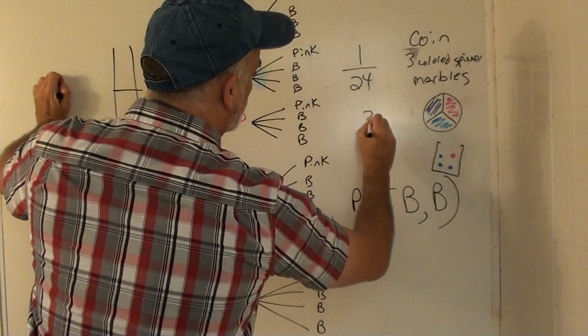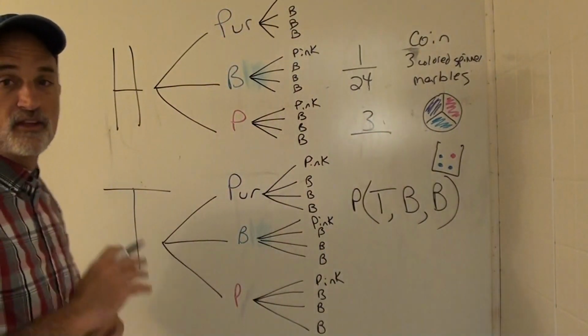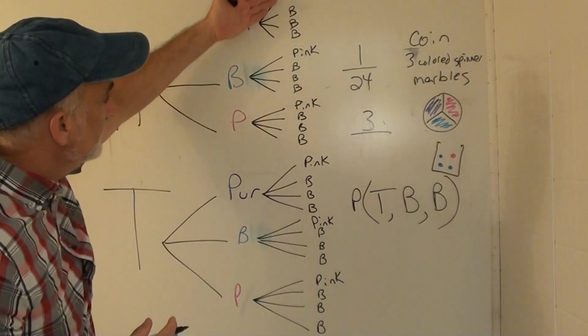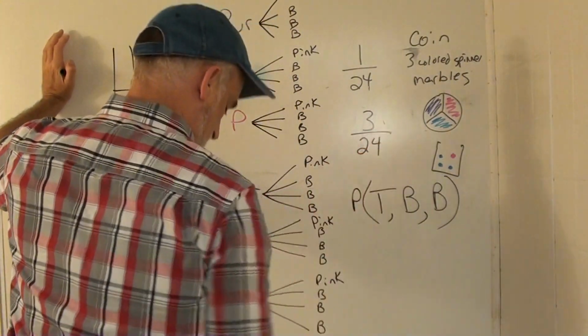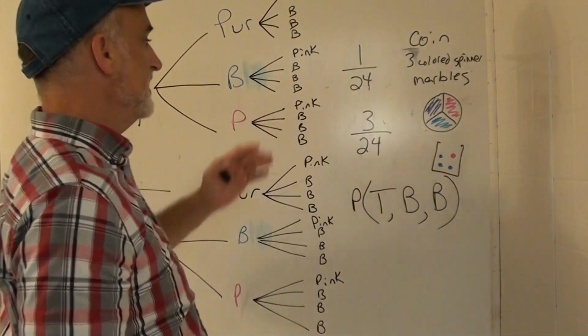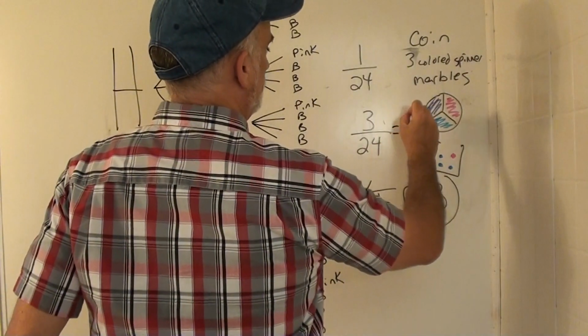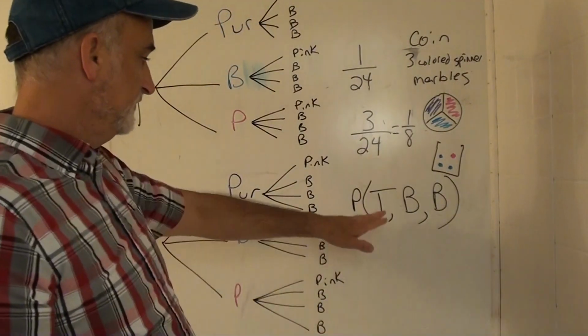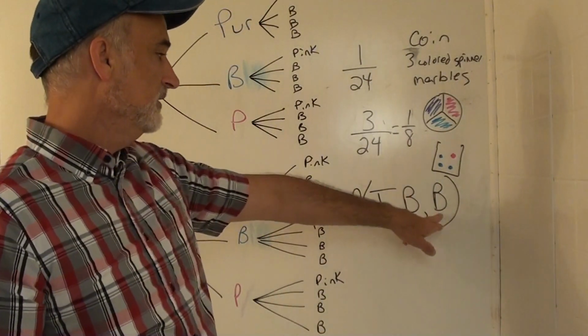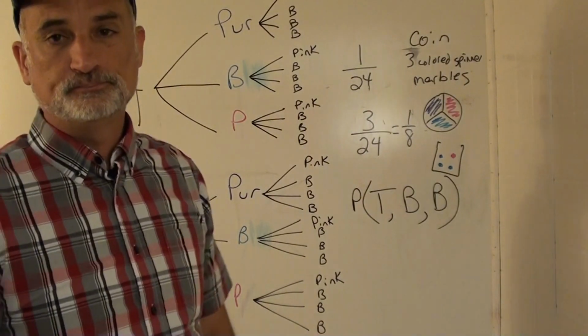So I would put a 3. And now the total outcomes haven't changed. It's still 24 of them. So now we want to reduce that, and there's a 1 in 8 chance that I could flip a tails, spin a blue, and then pick a blue marble out.